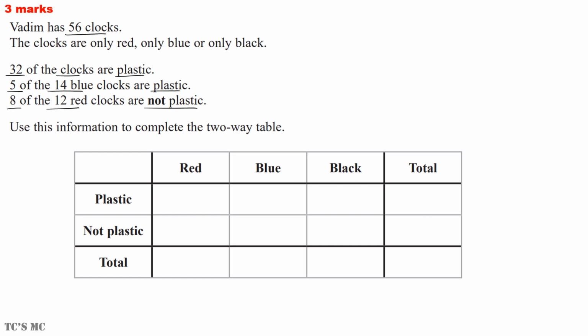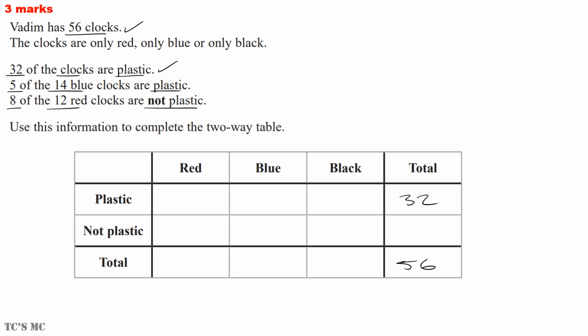Starting from the top, we know that there are 56 in total. 32 of the clocks are plastic. That means there are a total of 32 plastic clocks. 5 of the 14 blue clocks are plastic.